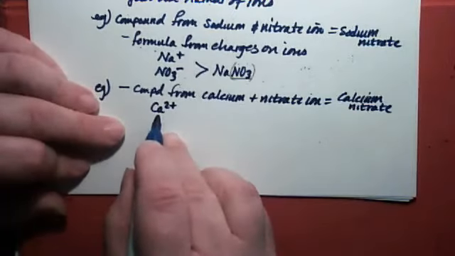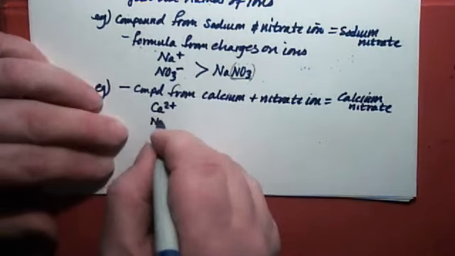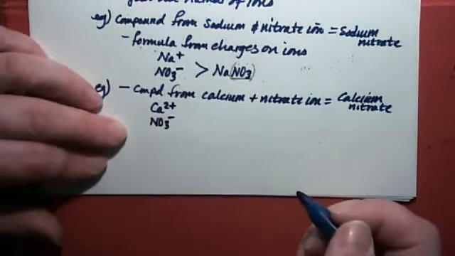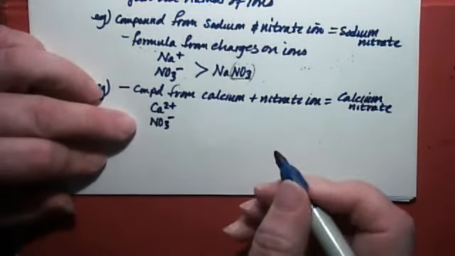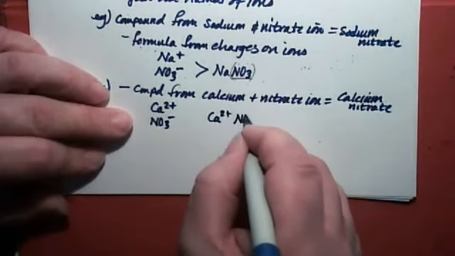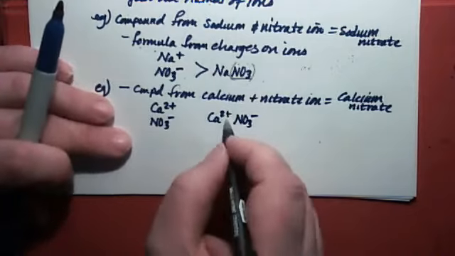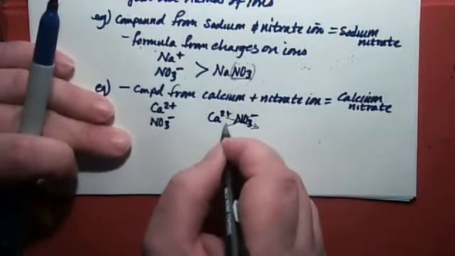Calcium is in group 2A, so it will form ions with a +2 charge. And the nitrate ion, of course, is NO3 with a -1 charge. And you have the calcium +2 and NO3 -1.